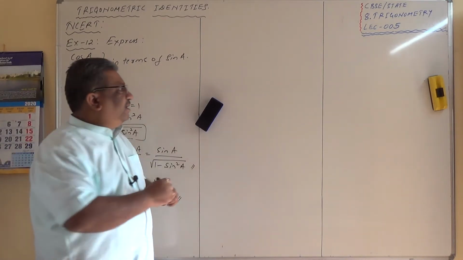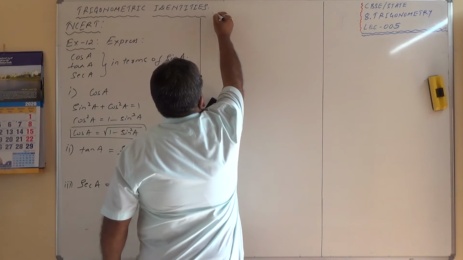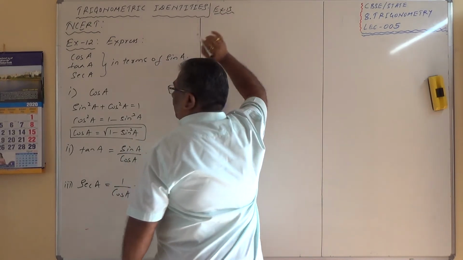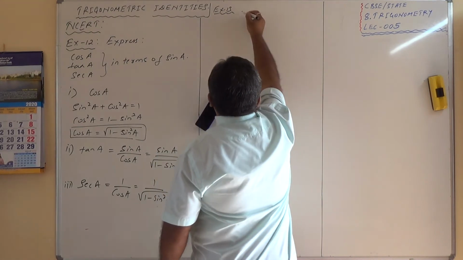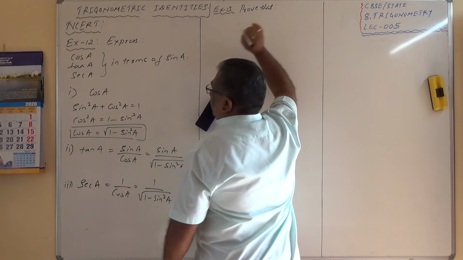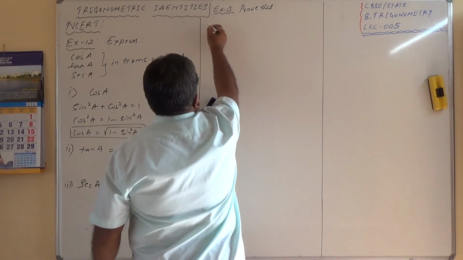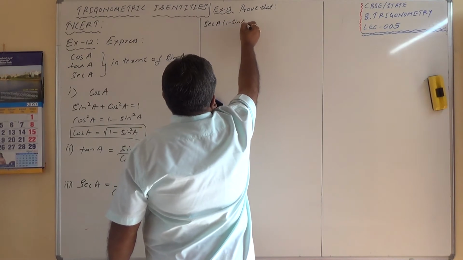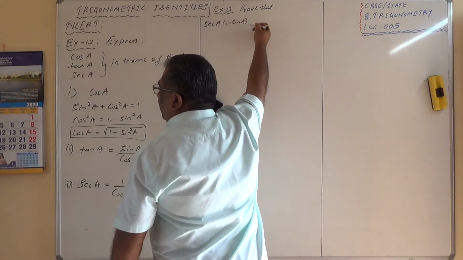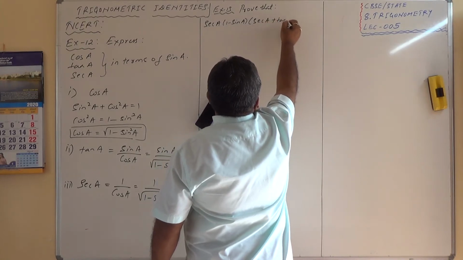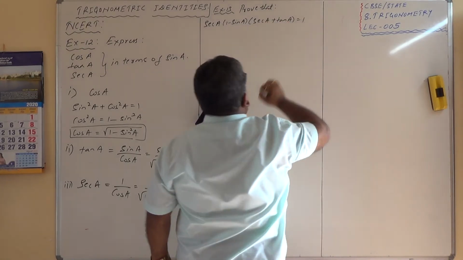Yeah, next example 13. Question is prove that secant A into 1 minus sin A into sec A plus tan A equals 1.